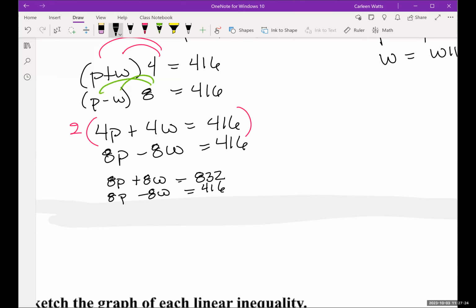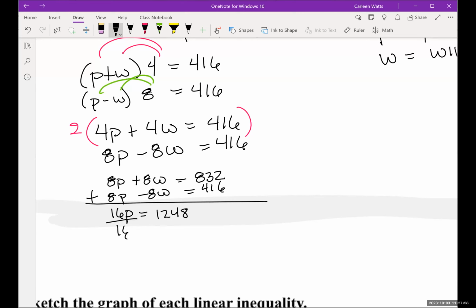Okay, any arithmetic errors? So we add 832 and 416 together. Okay, add down. 16P is equal to 1,248.